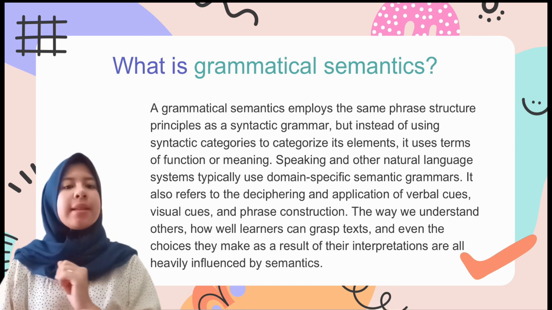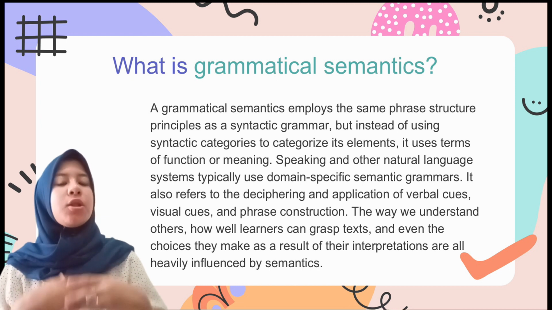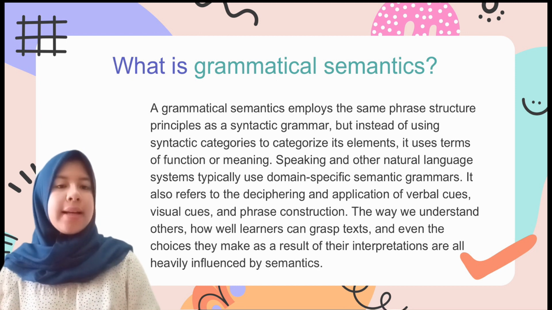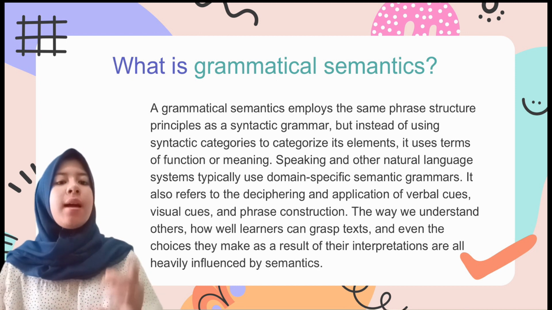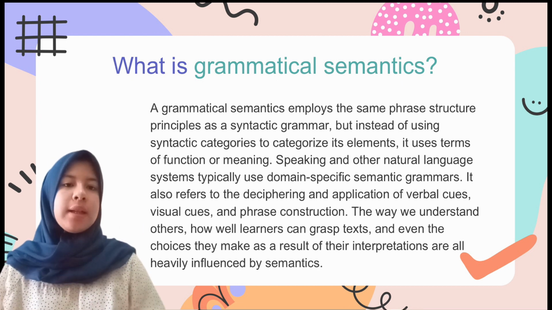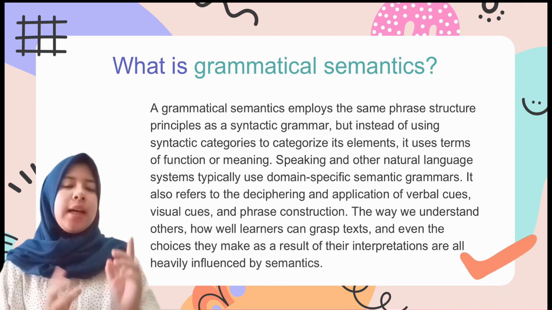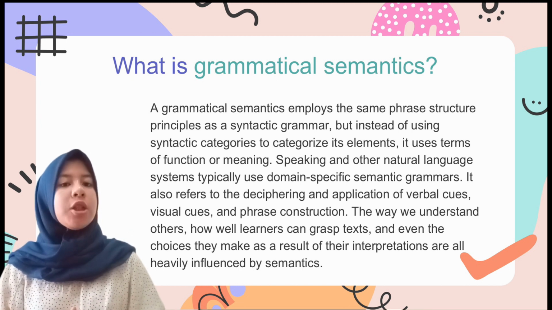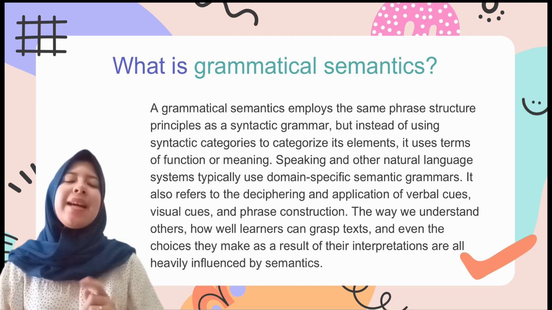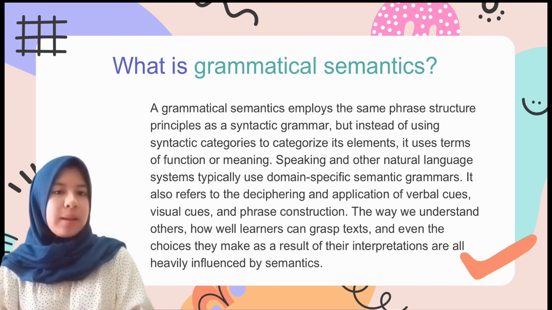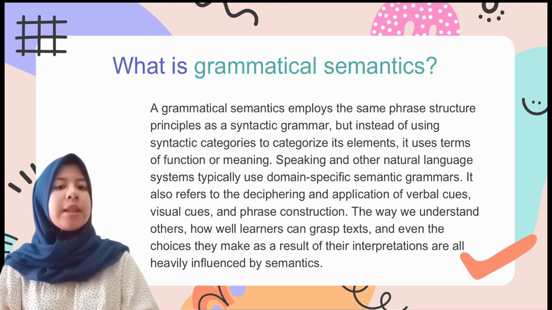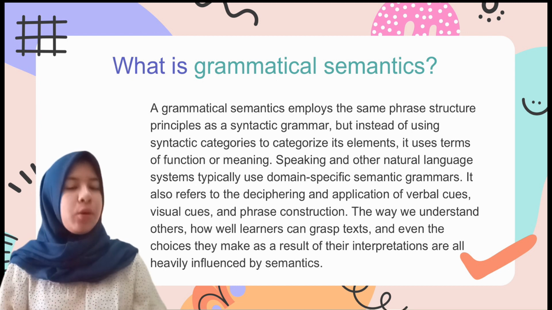Grammatical semantics employs the same phrase structure principles as a syntactic grammar, but instead of using syntactic categories to categorize its elements, it uses terms of function or meaning. Speaking and other natural language systems typically use domain-specific semantic grammars.